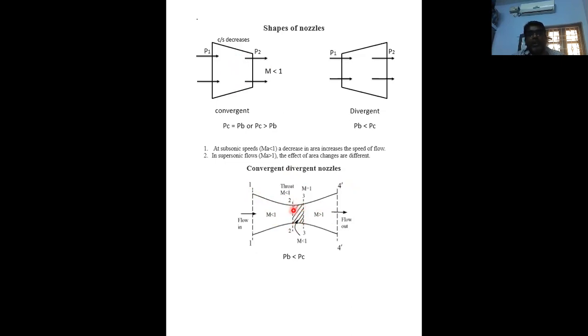At the throat, as the pressure drop increases, the critical pressure ratio is reached, and here the discharge is maximum. Later we will discuss the critical pressure. In the divergent section, the Mach number is greater than 1, and the back pressure is less than the critical pressure.